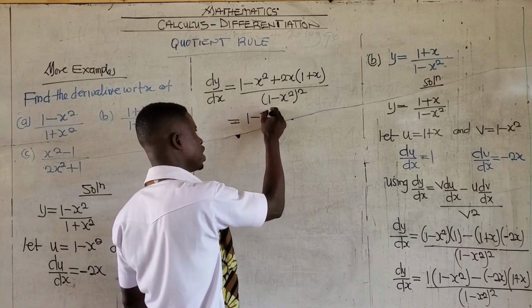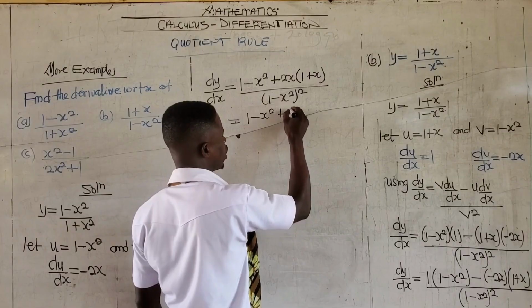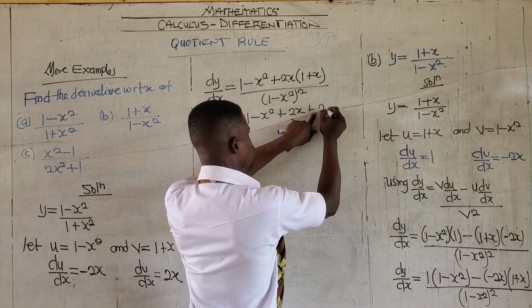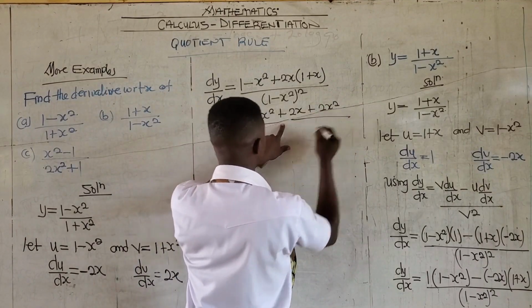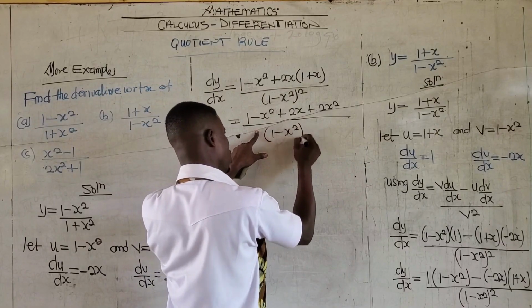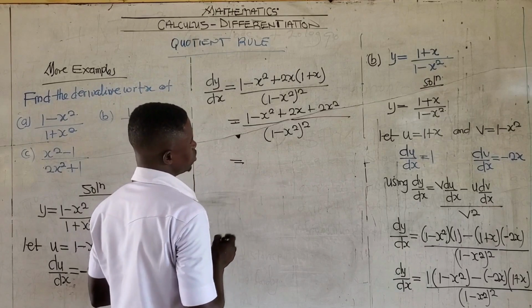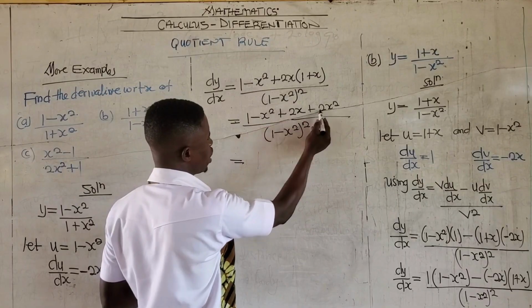So now, very simple. 1 minus x squared plus 2 times 2x times 1 is 2x plus 2x squared all over 1 minus x squared all squared. So finally, we can manipulate x minus x squared and 2x squared.